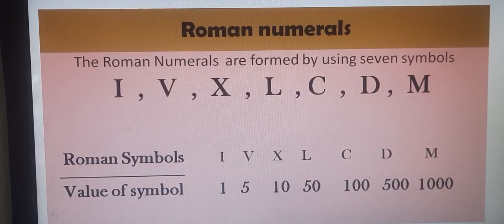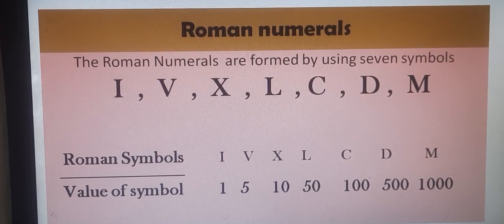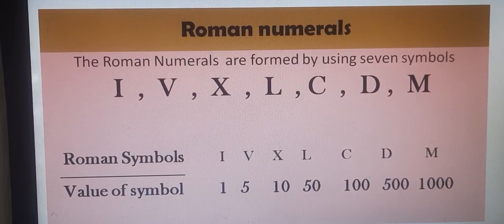In ancient time, the Romans used different symbols called Roman numerals, and the digits which we use, 0, 1, 2, 3, 4, 5 and so on, are called Hindu-Arabic numerals or international numerals.